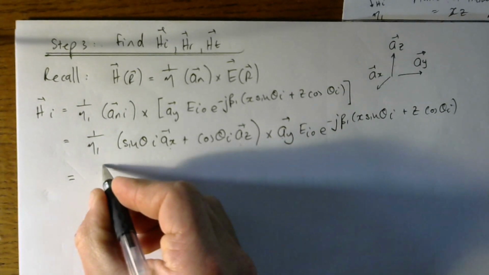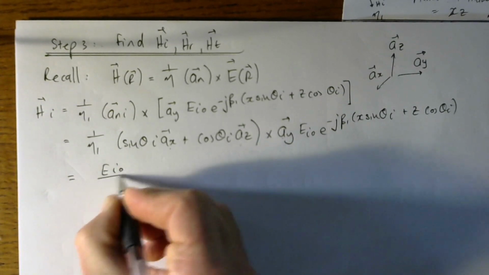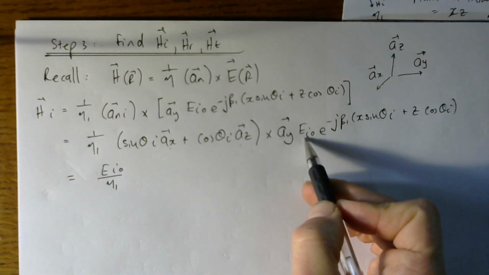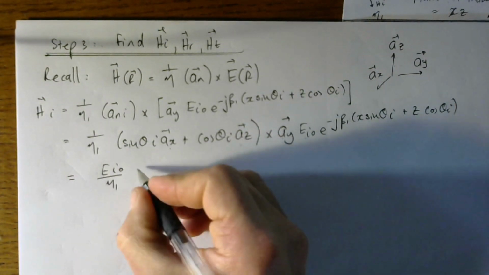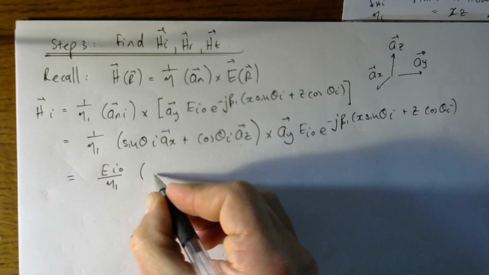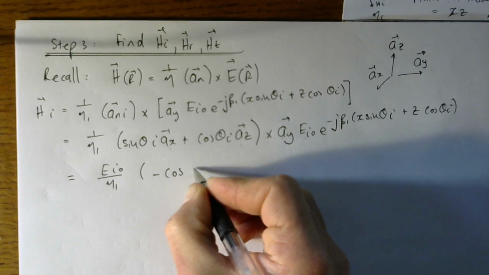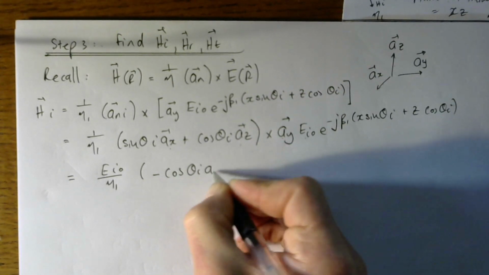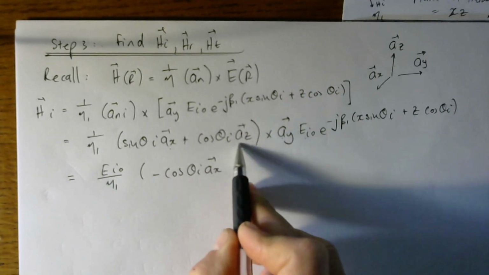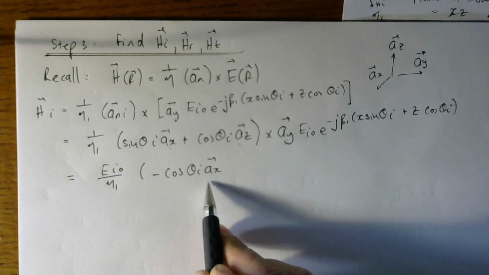Okay, so this becomes E_I0 over eta 1, just taking that term, bringing it in front, times minus cos theta I AX. This is now this cross this. I'm just writing my X in front.